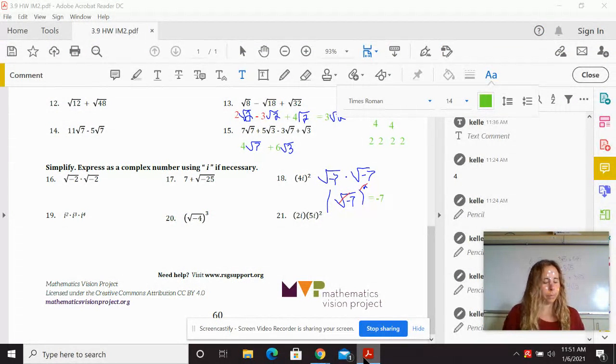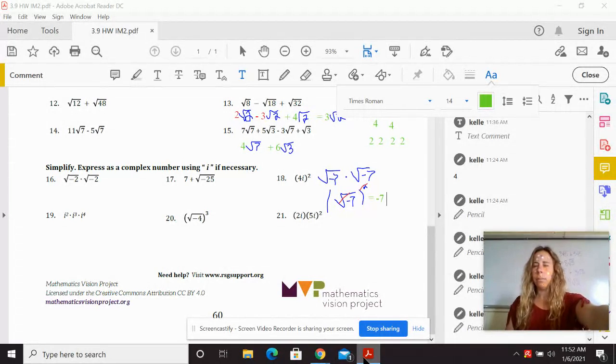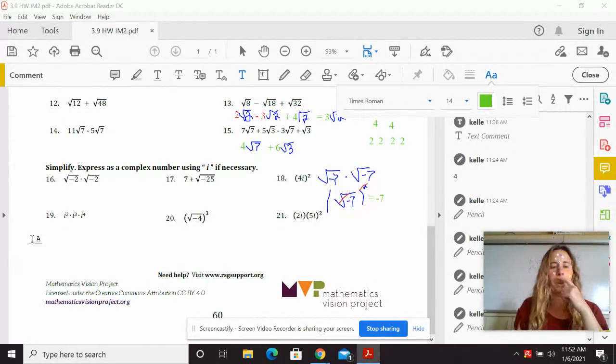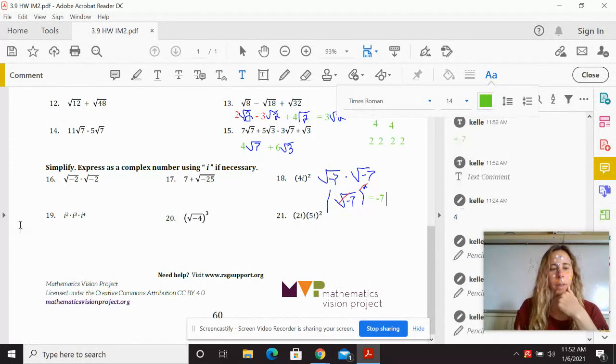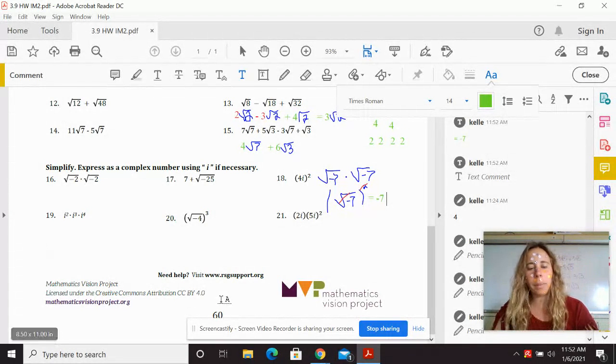So for number 19, what it requires is that we know that I squared is equal to -1, okay? I kind of regret doing this on my screen now. Okay, I'm going to switch over to a Word document.